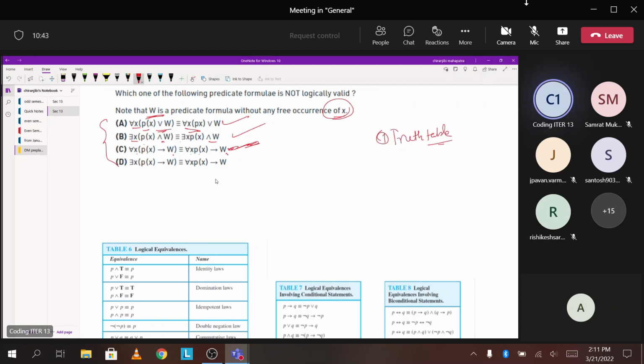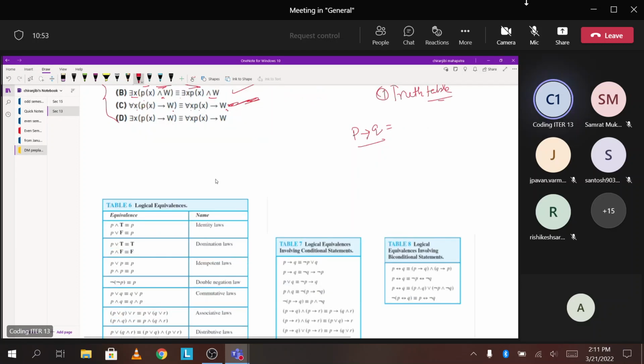You know that p then q is a logical statement. Here, in the logical equivalences involving conditional statements, p then q is also termed as negation of p or q. So this is equivalent to negation of p or q.